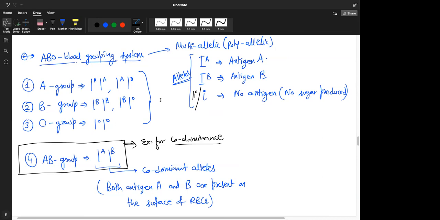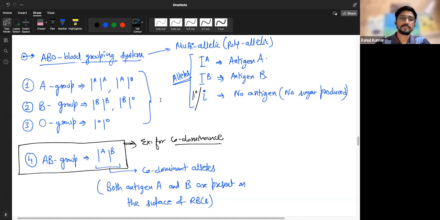Now explain the genotypes. IA and IB are dominant over IO. So IA and IB are dominant alleles, and IO is recessive.